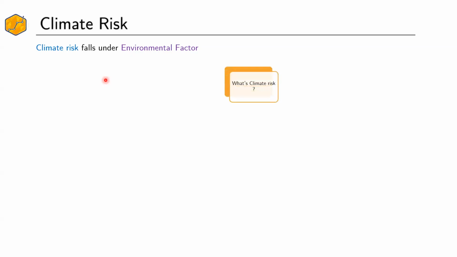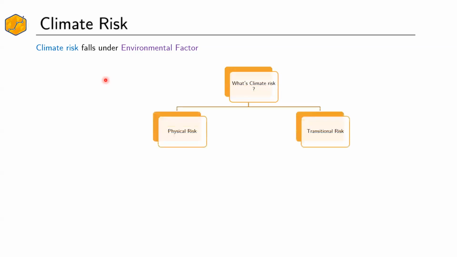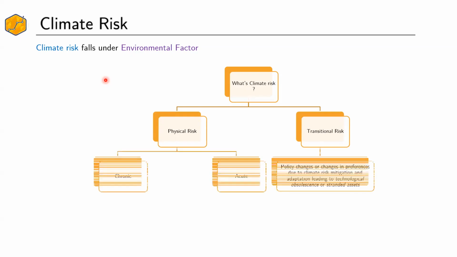Now, let's break down climate risk. Within climate risk, we have two types of risk. One is called physical risk. The other one is called transitional risk. Now let's see what the examples of these are. Let's talk about physical risk first. Within physical risk, we have another layer.